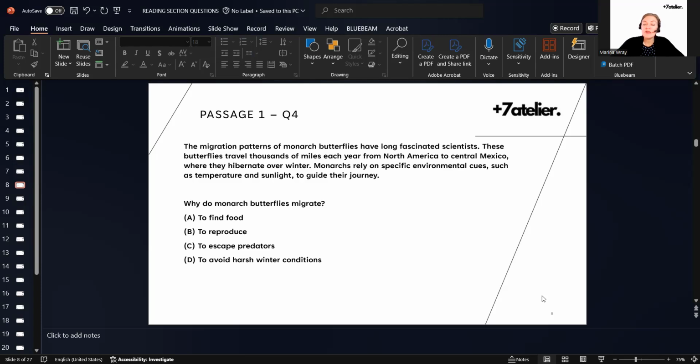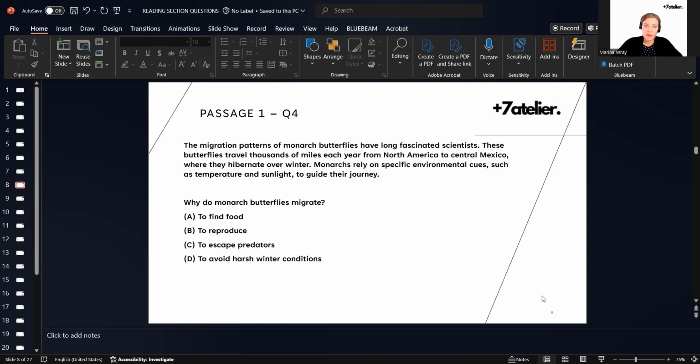Why do monarch butterflies migrate? And the potential answers are A, to find food, B, to reproduce, C, to escape predators, or D, to avoid harsh winter conditions.